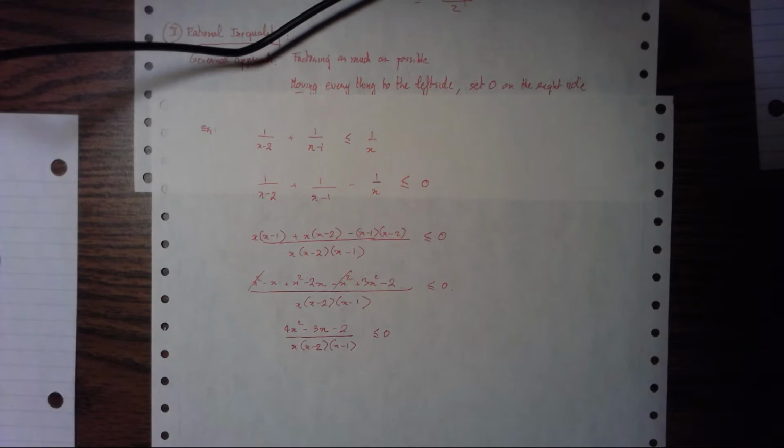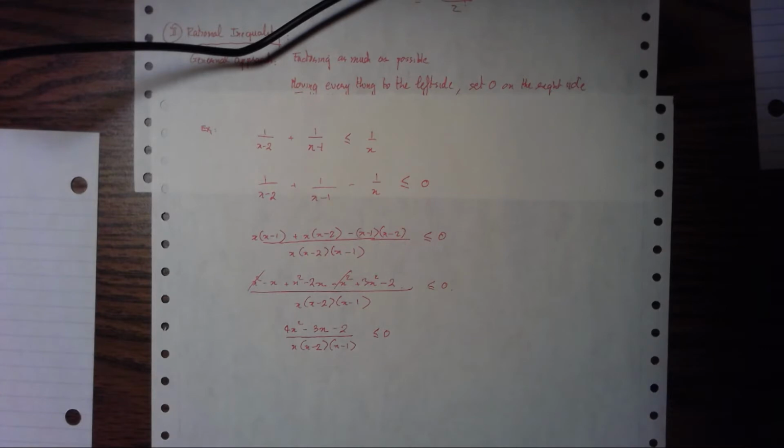Now what we have on the top, we have everything in factor form so that we can use the sign table. So for x squared minus 3x minus 2, if you factor them out, let me do it really quick here. Hold on. Let's see what happened.